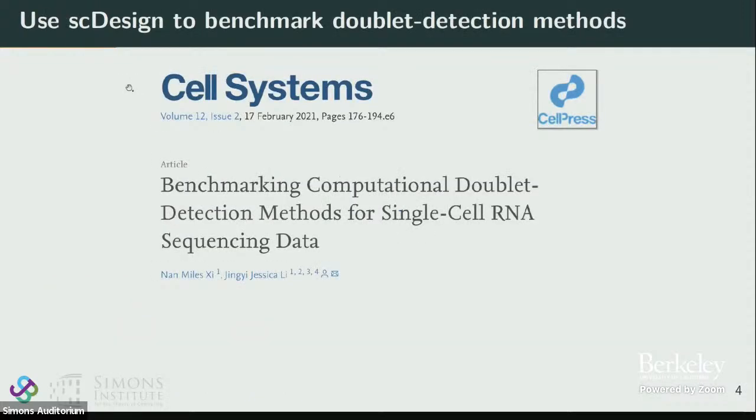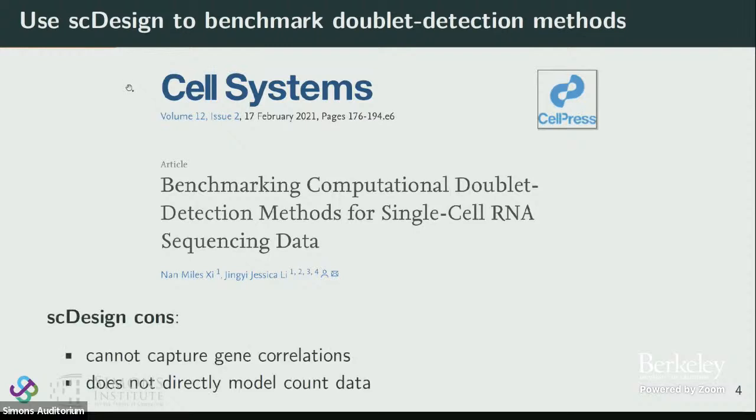And my former student used this method for benchmarking the doublet detection methods, the computational approaches, where doublet detection is a necessary step in single-cell RNA-seq data processing, and we have some interesting results. However, we also realized scDesign has cons. The biggest con is that it models genes as independent variables.